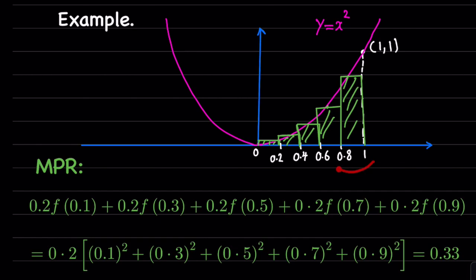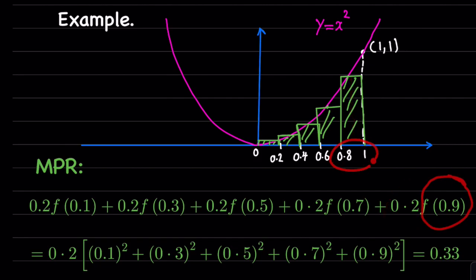So you see, for example, in this last rectangle that I have here, what's the area of that rectangle? So this side is 0.2. I'm again dividing the interval 0 to 1, so basically we are dividing this interval into 5 equal subintervals. But you see, the height of this rectangle is the value of the function at the midpoint. So this side is going to be 0.2, and the height is going to be the value of the function at the midpoint.